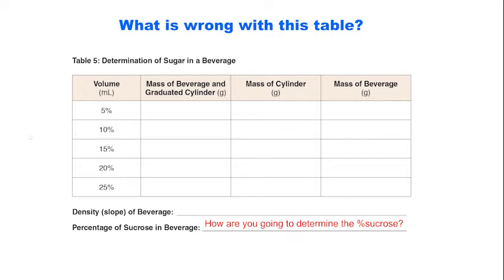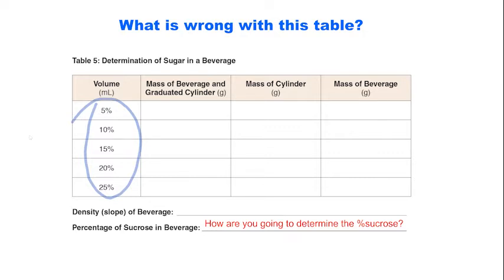Should it be in centimeters cubed? Nope, centimeters cubed and milliliters are exactly the same thing. They include percentages. There you go. Yeah. There's no such thing as 5% mils. There's 5 mils, but there's no such thing as 5% mils.